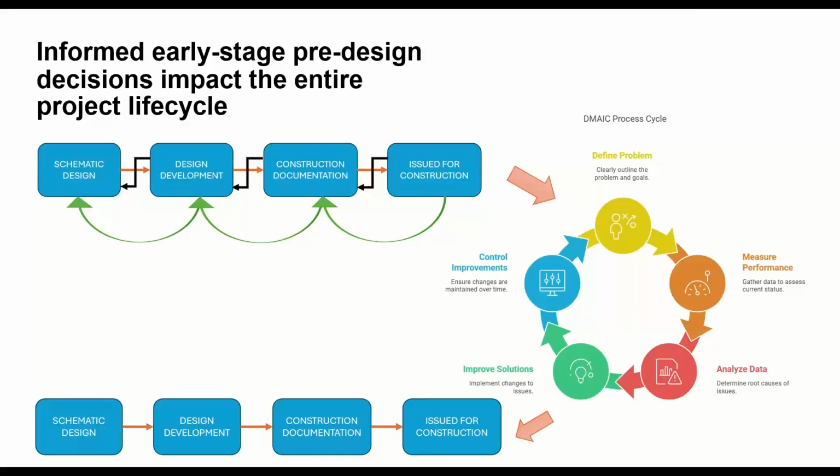Forma tries to tackle a very important issue within the industry. The design process within the industry is a non-linear process. It's an iterative process where you get the program from the client, then you start designing, and then the client changes something within that program, you redesign again, and it's going back and forth.